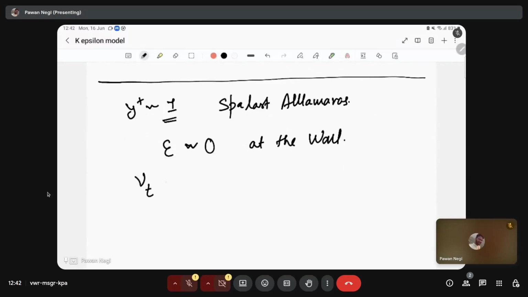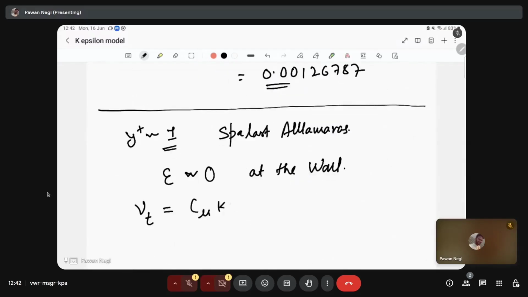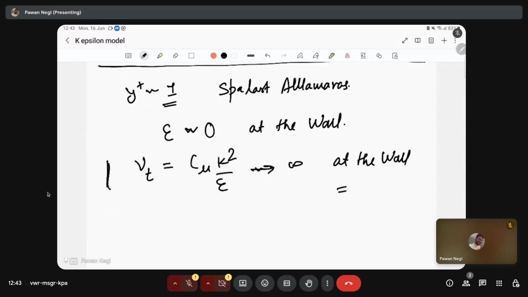So the turbulent viscosity, which is this c nu k squared over epsilon, will tend to infinity at the wall. So if we use this same model to approximate the turbulent viscosity, our solution will struggle to converge because dissipation is going to be very high. This is not what we want.